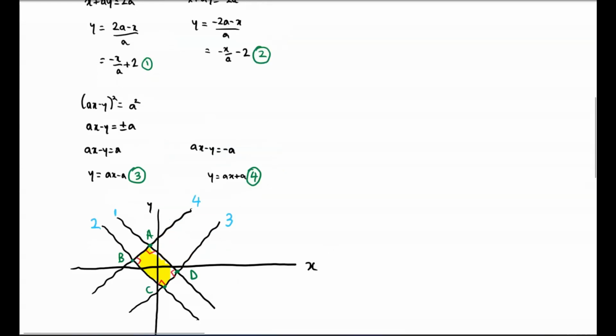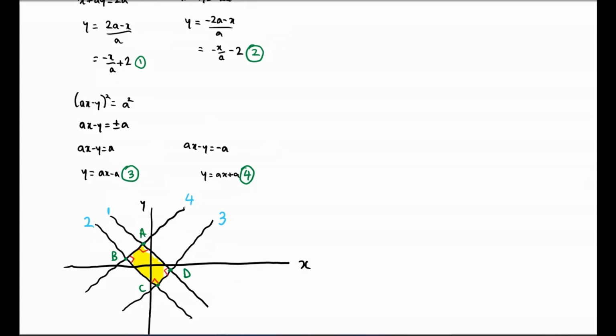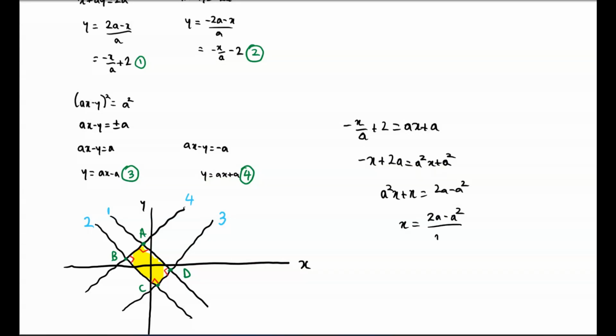So, to find vertex A, we need to find where the lines 1 and 4 intersect. So to do this, we need to set minus x over a plus 2 is equal to ax plus a. Multiplying by a gives us minus x plus 2a is equal to a squared x plus a squared. Isolating the x gives us a squared x plus x is equal to 2a minus a squared, and x is equal to 2a minus a squared over a squared plus 1.